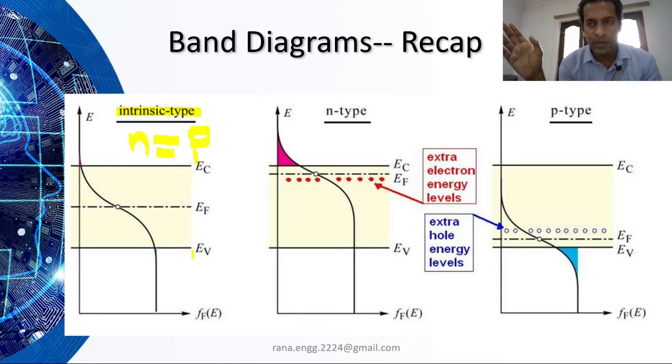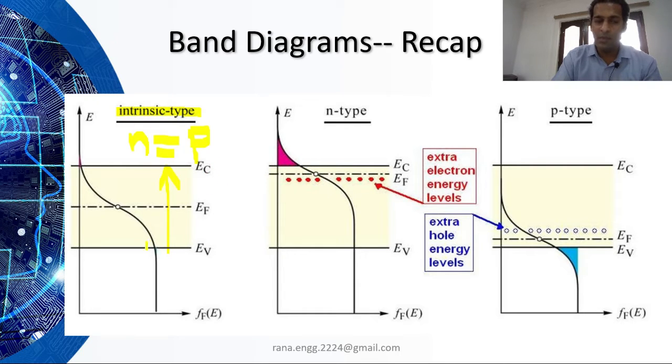In the entire material there may be millions or trillions of atoms, whatever the number, and when they jump from the valence band to conduction, then we say they are conducting. So that energy of conducting electrons or holes will be EC, conduction energy.